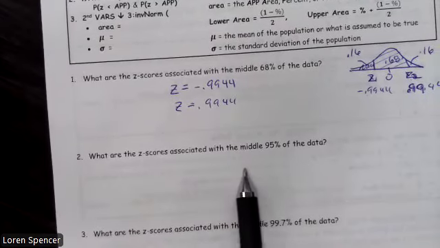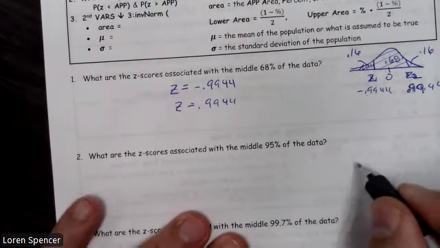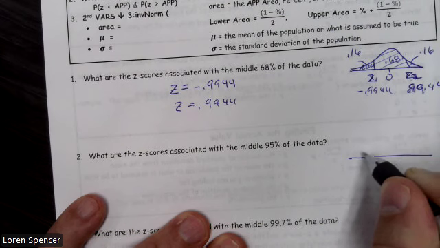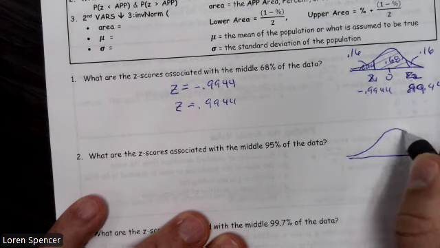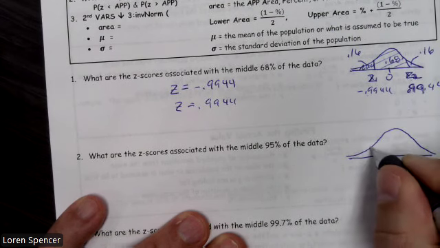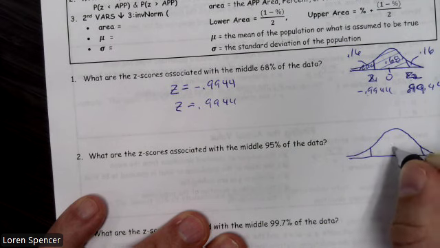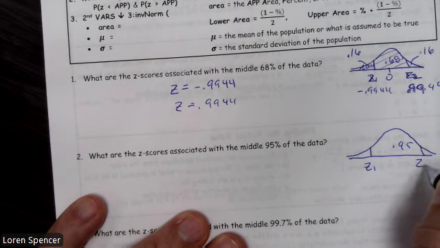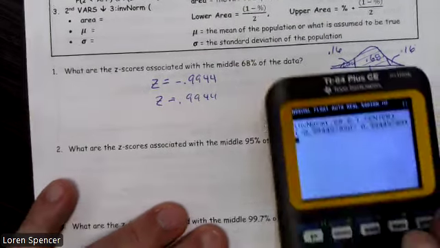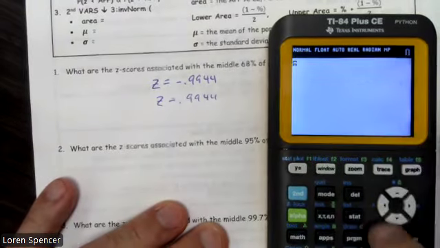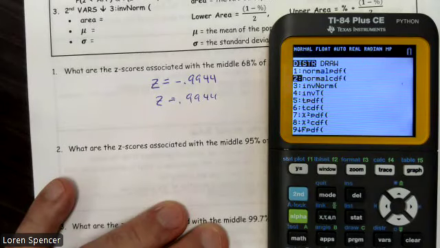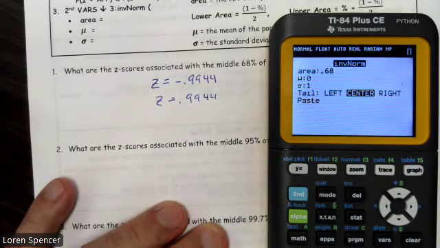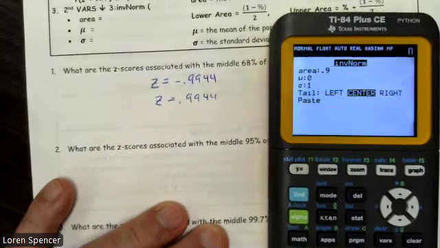So what z-scores are associated with the middle 95%? Well, that should be about plus or minus 2 by the empirical rule. Now we know the empirical rule is just an approximation, but I want 0.95, and I'm looking for a lower z, z1, and z2. So second vars, inverse norm, change that to 0.95.